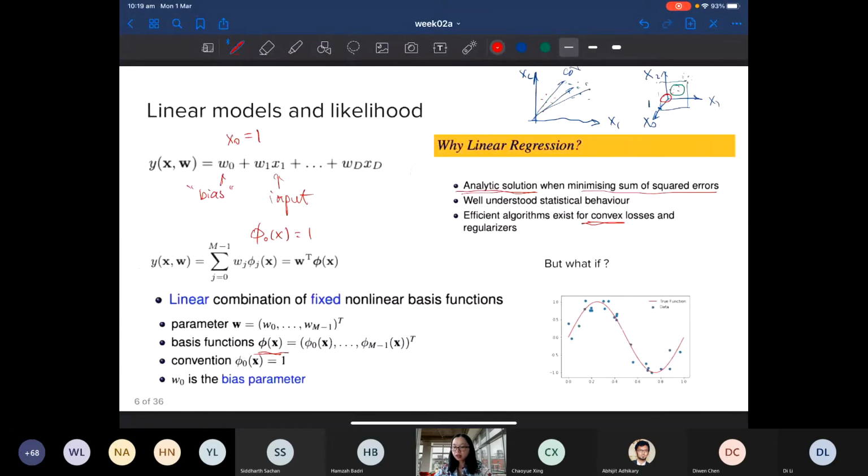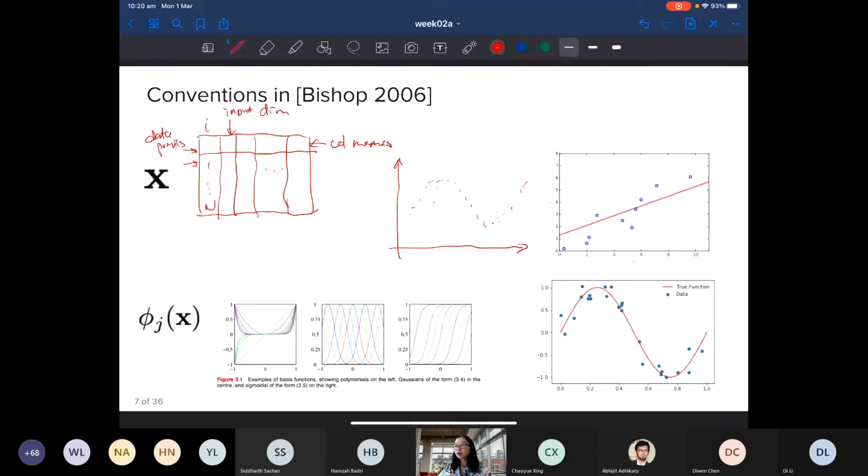Just like in the previous slides, we turned the, say, 2-dimensional x into a 3-dimensional input space by adding 1. Here, we can transform x and have an arbitrary number of dimensions in the feature space, right?